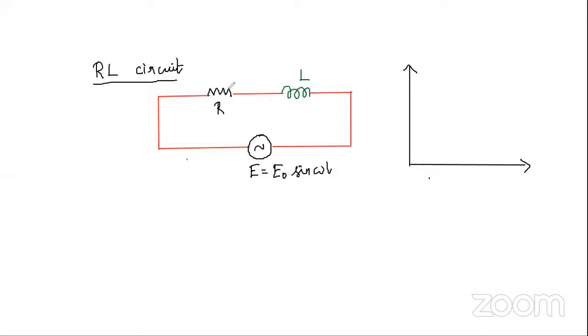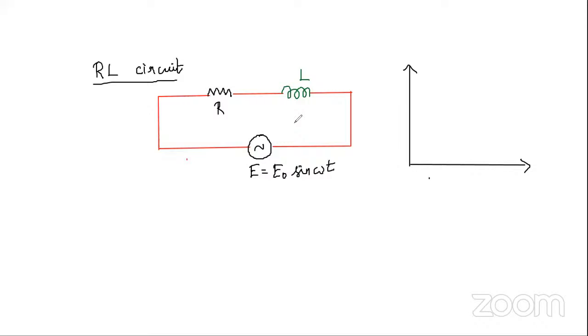At any instant, current through both the resistor and inductor is the same. Here I naught is the peak value of current, as usual. E equal to E naught sin omega t.